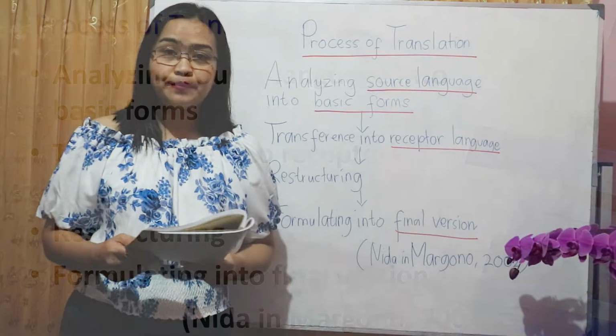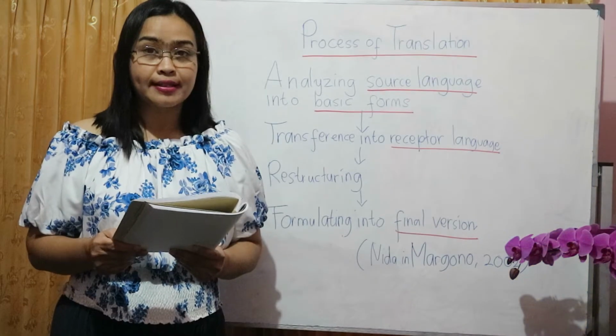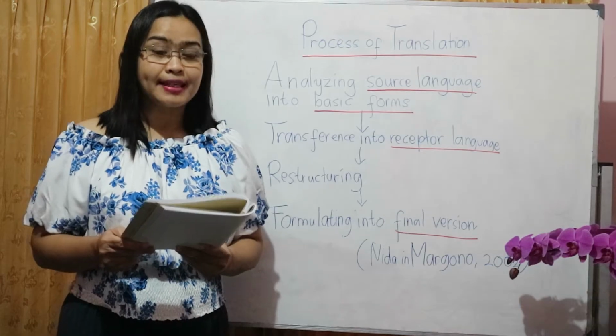The translator first analyzes the message of the source language into its basic forms or basic clauses, transfers it to the receptor language, then restructures the message in the receptor language in the way most appropriate for the audience the translation is intended for.